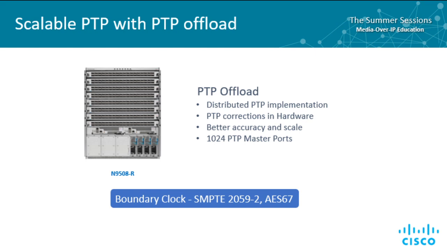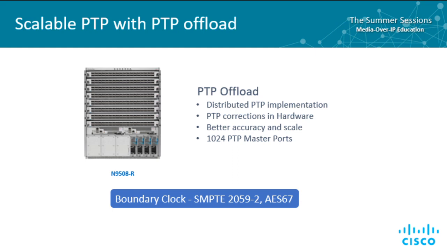And this is something that we're really proud of, right? So we developed a feature again for the broadcast industry where rather than running the entire PTP process on the CPU of the supervisor, for those of you who are not familiar with a modular chassis, rather than running it in a centralized processor, what Cisco did is we offloaded the PTP functionality to each individual line card CPU.